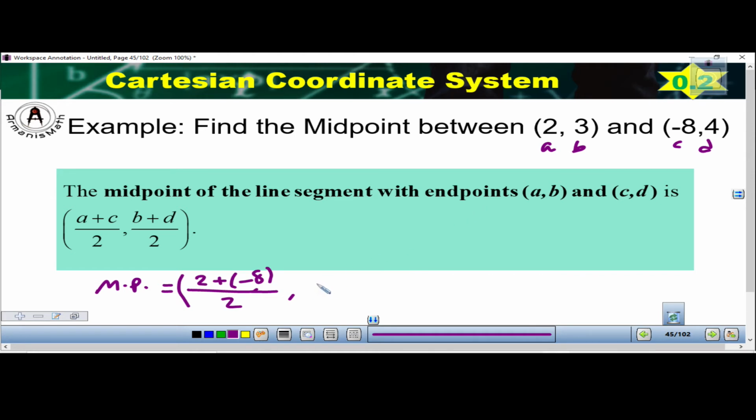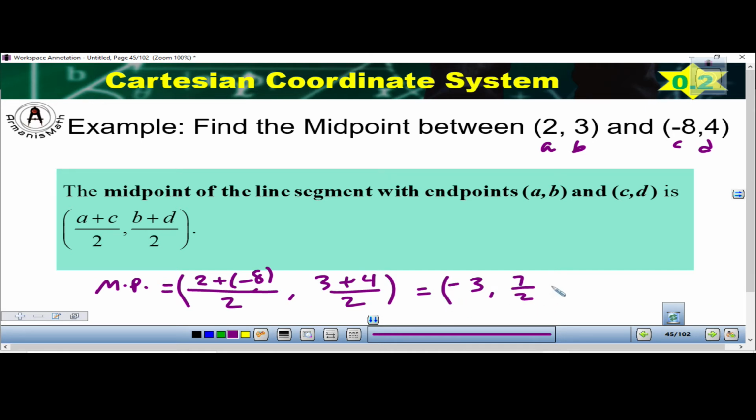So then I have myself the b and the d. B is 3 plus the d over 2, and that should give you, we did this before, right? That's a negative 6 divided by 2, that's a negative 3. We did something similar to it, negative 3, and then comma, I have 7 over 2.